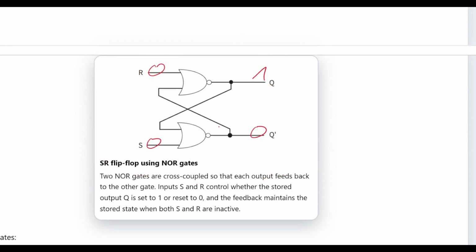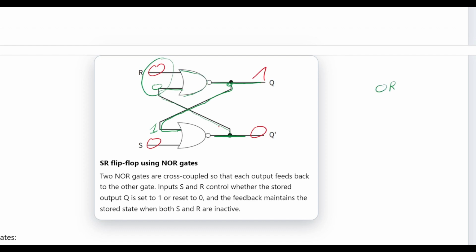Let's follow the circuit. This is a 1. Since this is a 1, this 1 will go here, and we will have a 1 here. Since this is a 0, the 0 will go here, and we will have a 0 here. Let's apply 0. This is an OR gate.